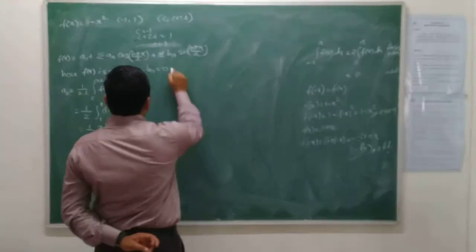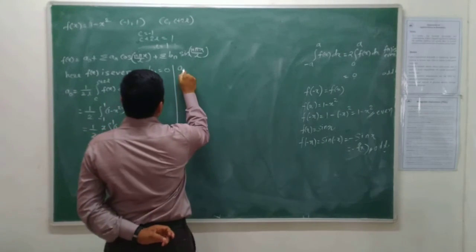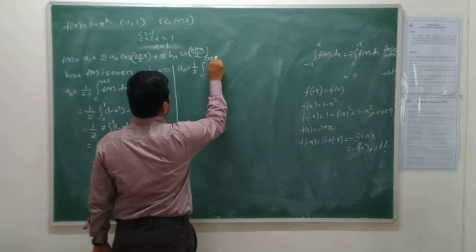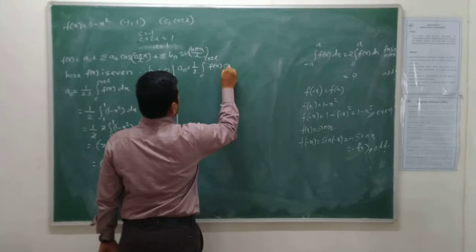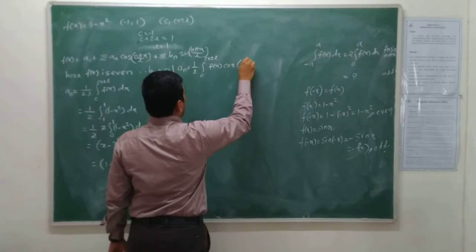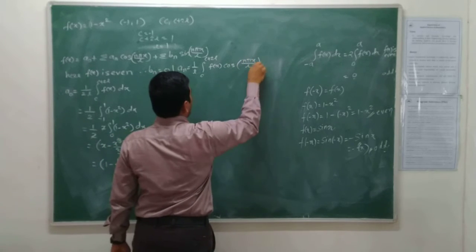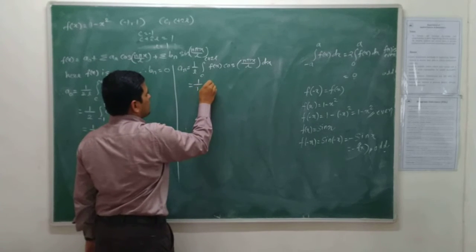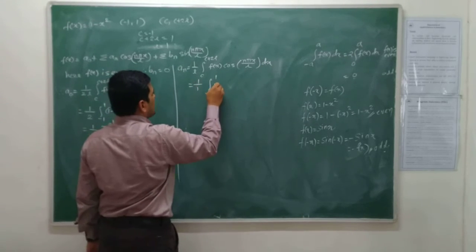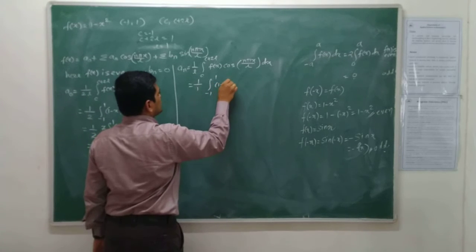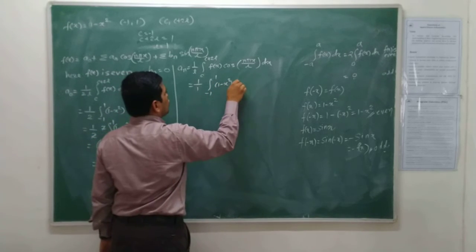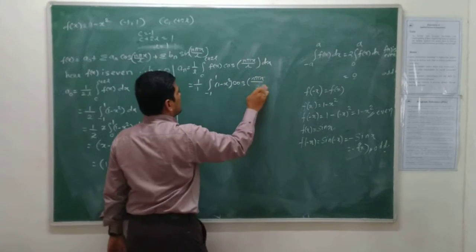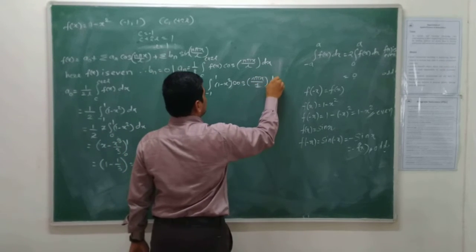Now we are going to see the an. an is equal to 1 upon L integration from c to c plus 12 f of x into cos n pi x upon L dx. So the value of L is 1, so we get 1 upon 1 integration from minus 1 to 1 of 1 minus x square into cos of n pi x upon 1 dx.